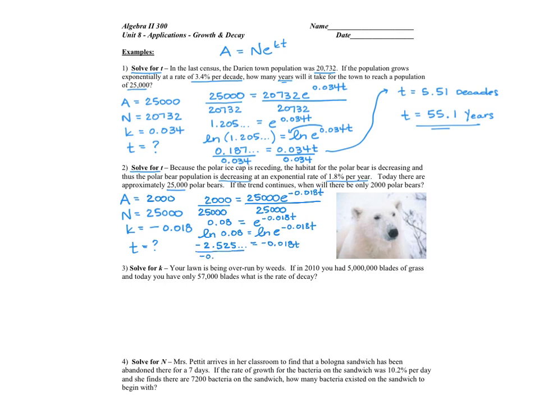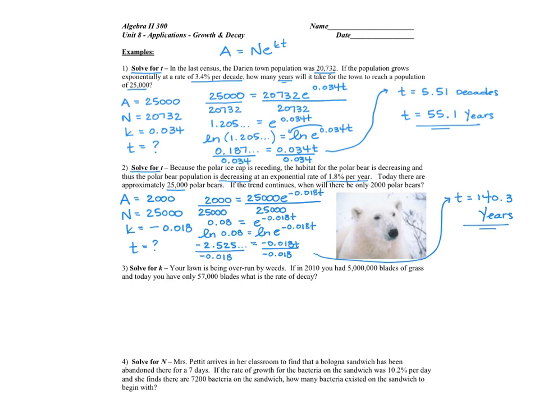When I divide both sides by 0.018, then I find out that the polar bear population will be down to 2,000 in 140.3 years.